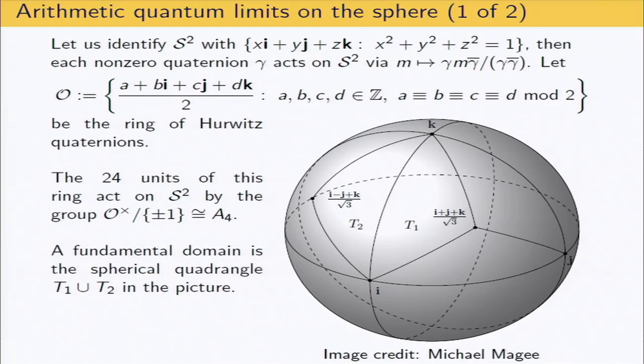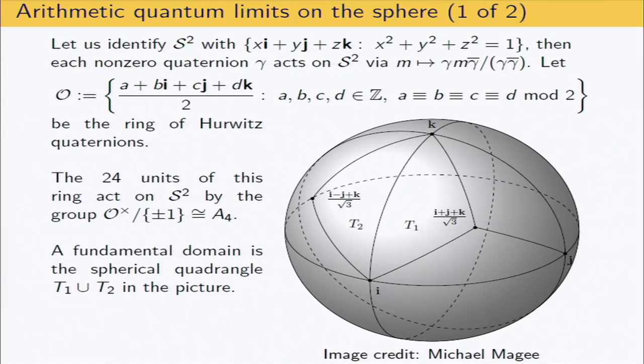In the upper half plane, we have a fundamental domain which is a hyperbolic triangle of angles pi over 3, pi over 3 and 0 because there is a cusp. Well, if you wish, you can cut this triangle into two triangles by the vertical axis, and those would be the analogs of these spherical triangles T2 and T1. And even the areas match. This has area pi over 3, 4 pi divided by 12, which is exactly the area of the modular surface.